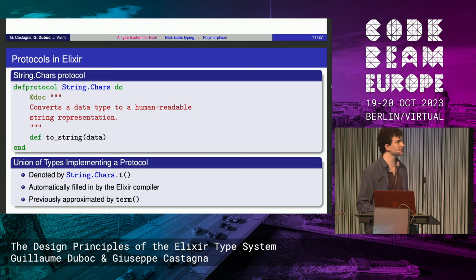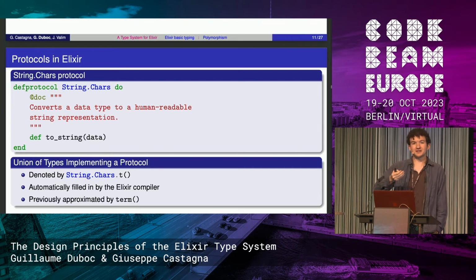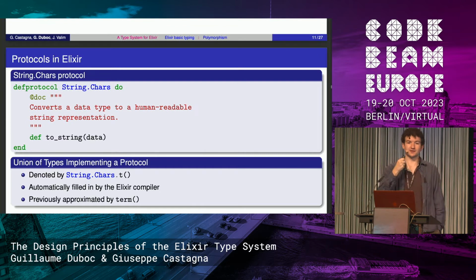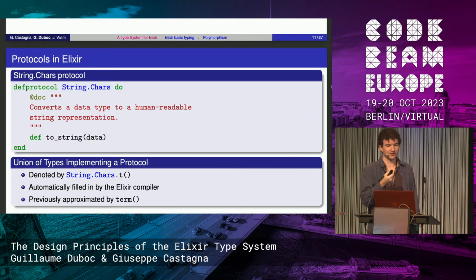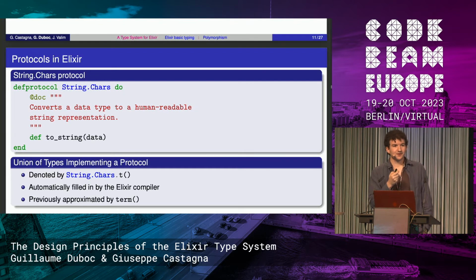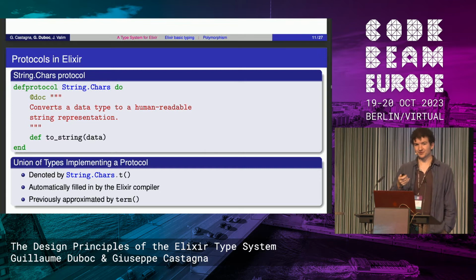And currently, the Elixir compiler automatically assigns a type to all the data types that implement a given protocol. And it's called String.Chars.t, or the name of the protocol.t. But right now, this term is an approximation.